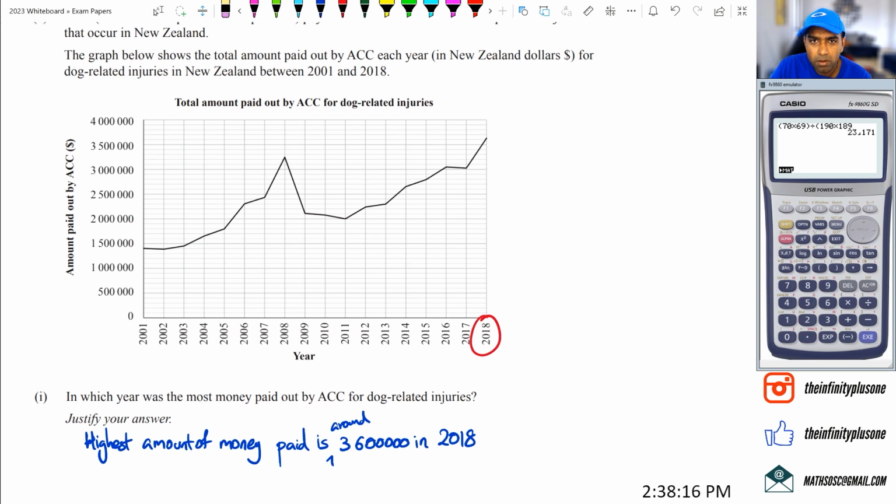Let me pause and write. So all I'm going to say there is the highest amount of money paid is around 3,600,000 in 2018, and that is a straightforward Achieved question. Correct answer with brief justification. I guess don't just put down 2018. You might want to put down 2018 and put the value as well. I think that's what the justification they're talking about is.